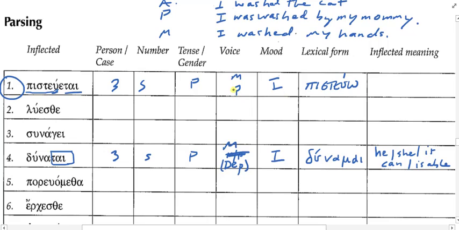Indicative. So what I'm going to do here is show you that you could actually translate this in one of two ways, and they're not to be understood the same way. The middle would be something like he believes, and the passive, he believes in some way that affects him. So Mounce would say he believes for himself.